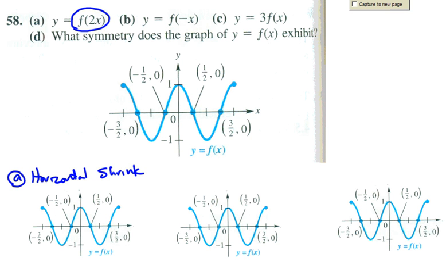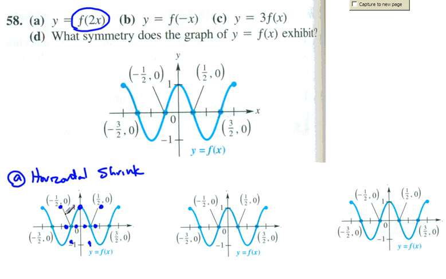Actually, I'm not going to worry about the points here so much as seeing that every point is halfway. So this comes in halfway. This point comes in halfway. This point comes in halfway. This one comes in halfway. And this one comes in halfway. And same thing here. They all get closer to the y-axis.